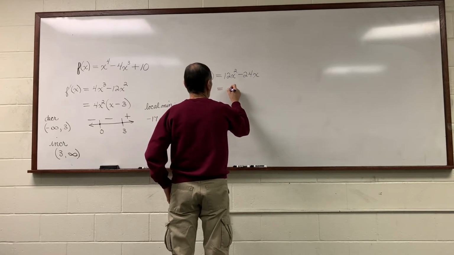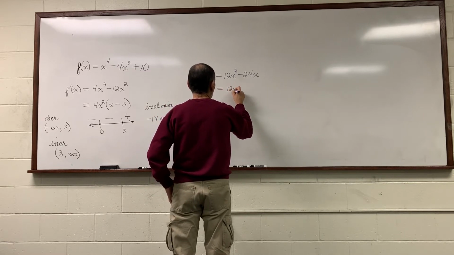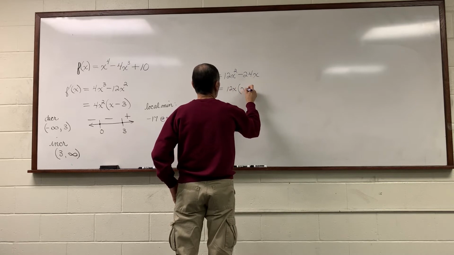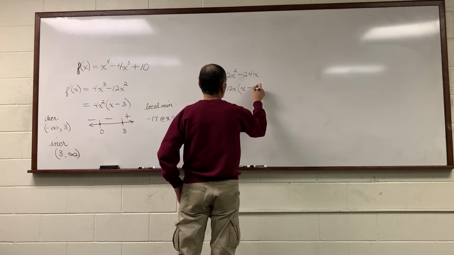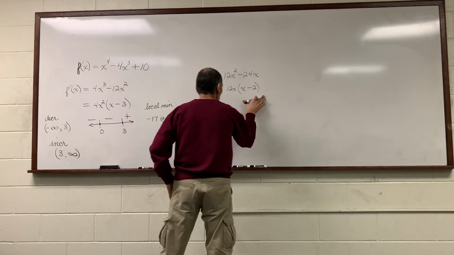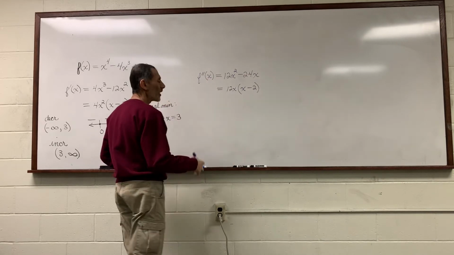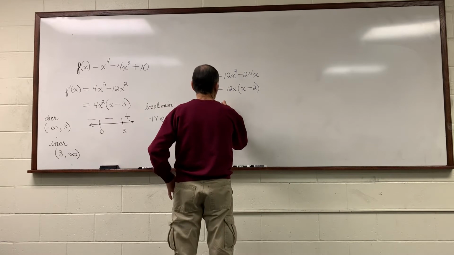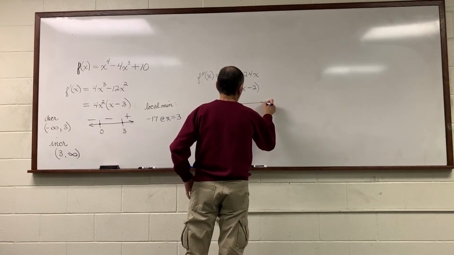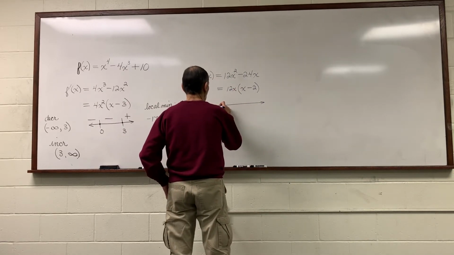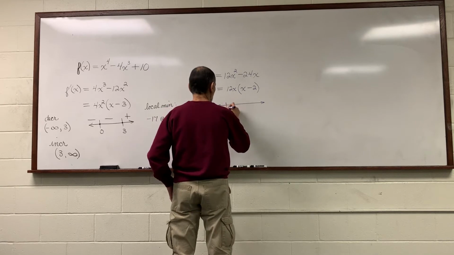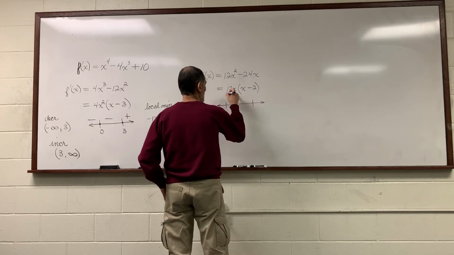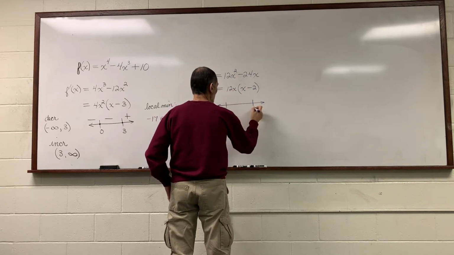So we'll factor out 12x, and we are left with 12x times x minus 2. If we set that equal to 0, now we don't call these critical numbers. They are simply zeros of the second derivative. Again, we draw a number line representing our domain. The zeros are 0 and 2.